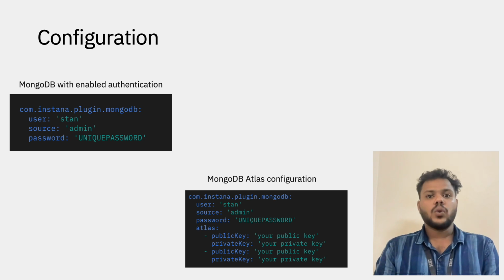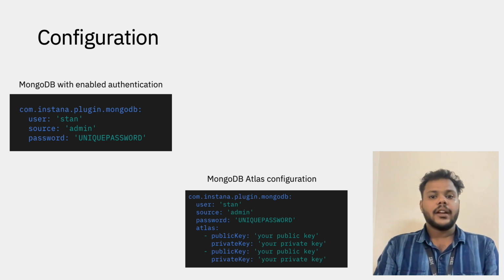Let's see how to configure MongoDB in the Instana agent. If you have MongoDB installed on your host, Instana will automatically discover the process and start monitoring without any configuration in the configuration.yaml file. This is only possible when you don't have authentication enabled in the MongoDB database.